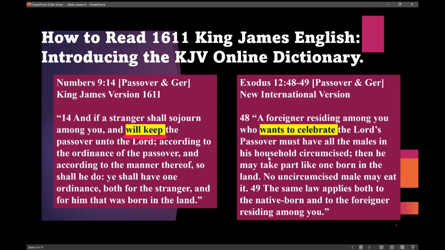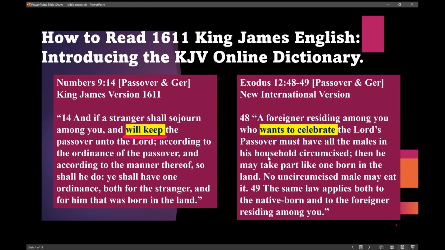Then it says there is one law for the native born and the sojourner. In that context, the sons of Israel and the sojourner must do the same thing once the sojourner elects voluntarily to do Passover observance. It's not required, but if he wants to do it, then he has to be circumcised.